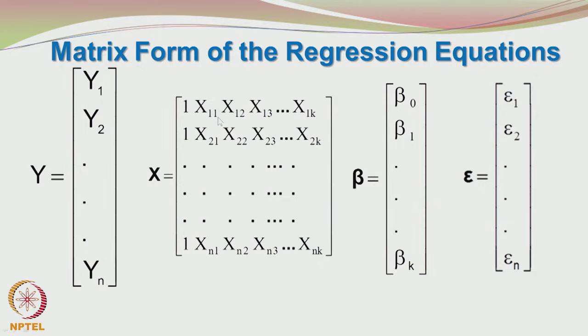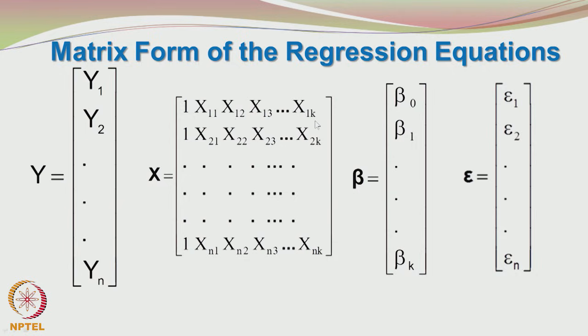Then you have x11. x11 represents the first run and the setting of the first factor or the first variable x1. x12 again refers to the first run, but it refers to the setting of the second factor or the second experimental variable x2, and so on.